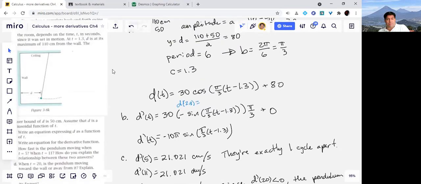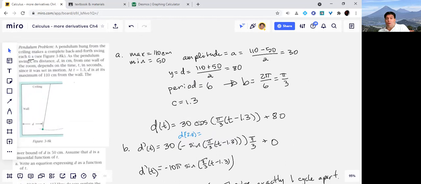We know that at time 1.3, it's at its maximum value. That is around here, right? And that it takes 6 full seconds to do a complete cycle.